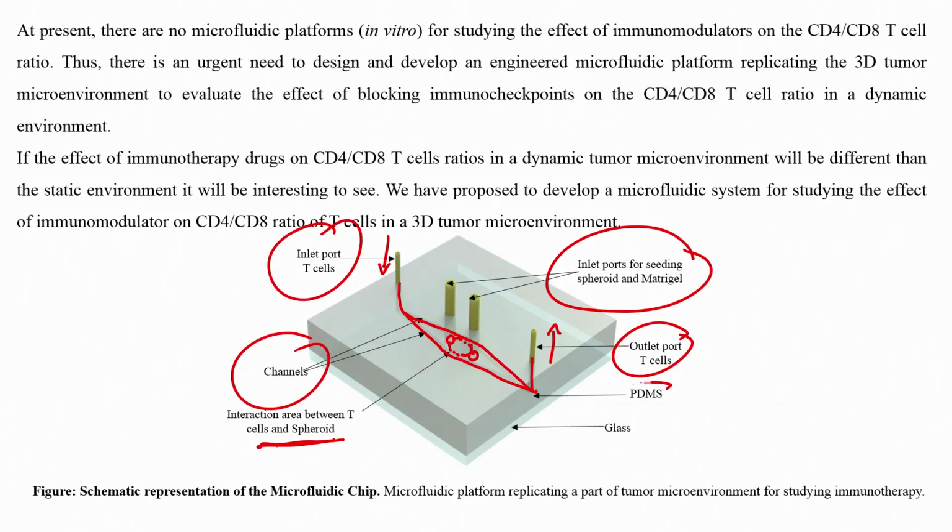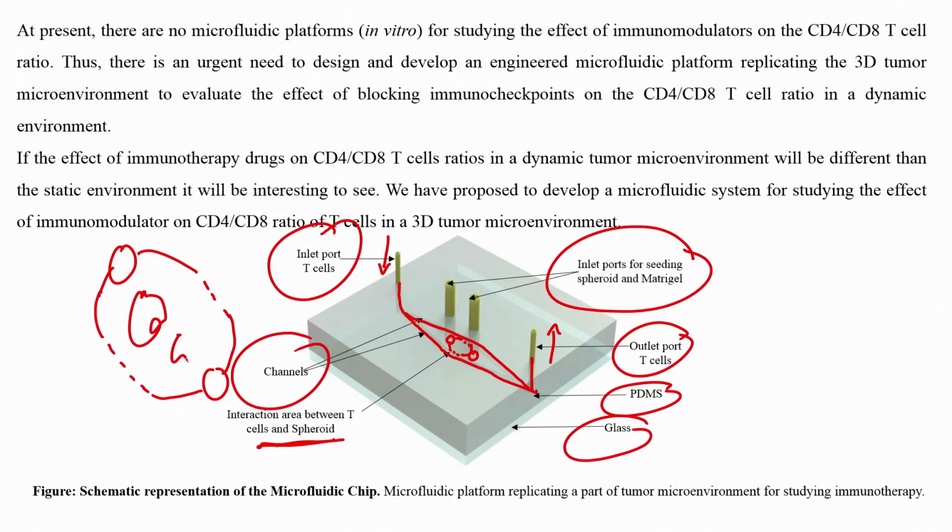The surface is PDMS, the bottom is glass, and this is the interaction area, like this area, right, where you are loading the spheroid with Matrigel. So, this area is where the interaction between T cells and spheroids would happen.